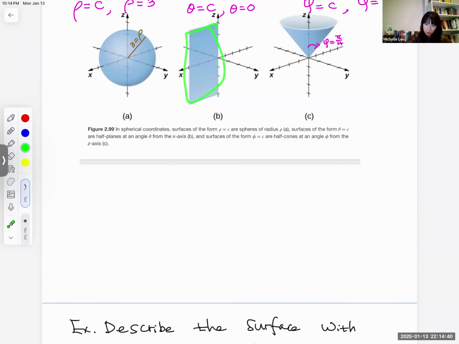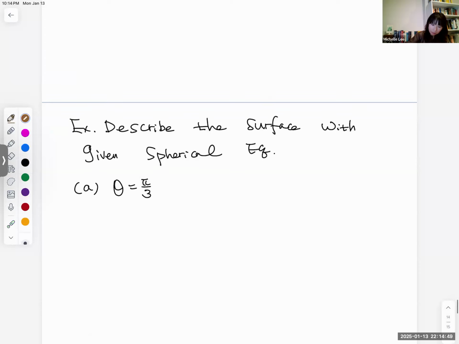This half plane moves a little bit to measure pi over 3, right? Yeah. So half plane. I try to draw better.